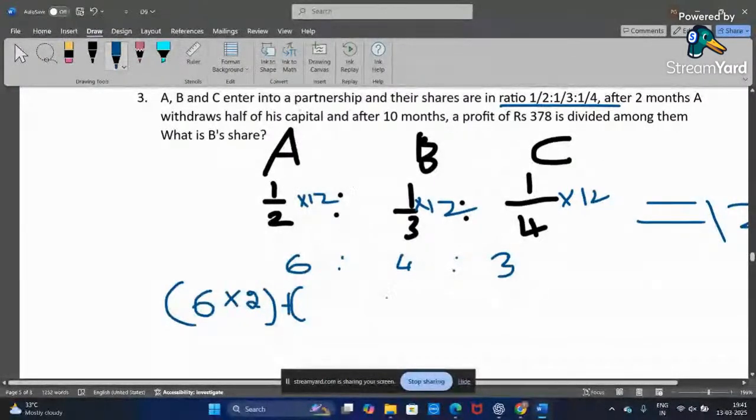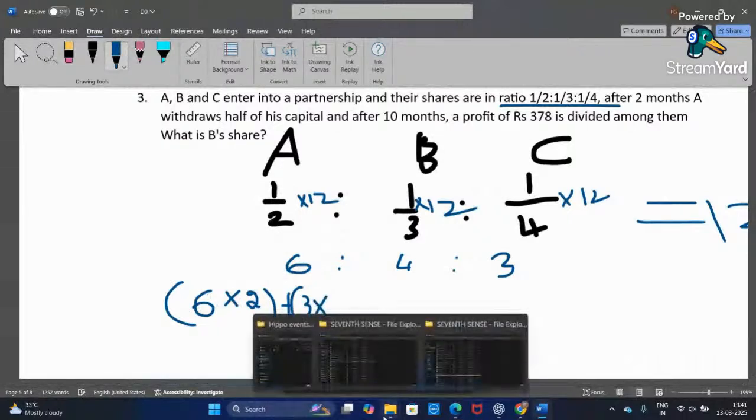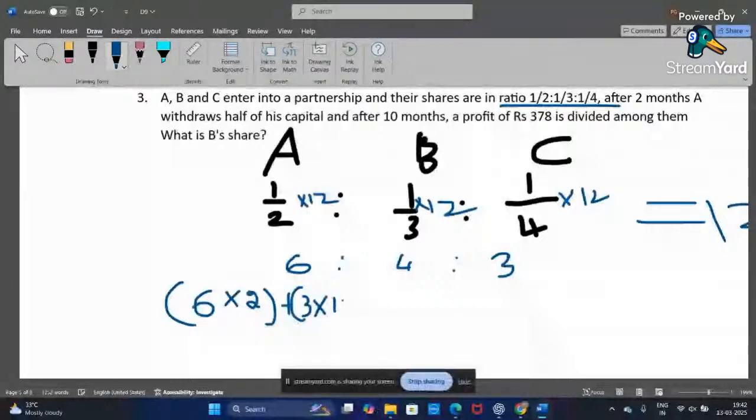Okay, so half of this 6 is 3, right? 3 into how many months are left? 10, right? 6 into 2, plus 3 into 10. And this person has not taken any amount, so it is 4 into 12. He has completed 12 months with his initial amount. And here C also has kept his full amount for 12 months.